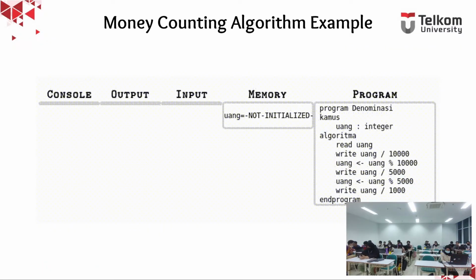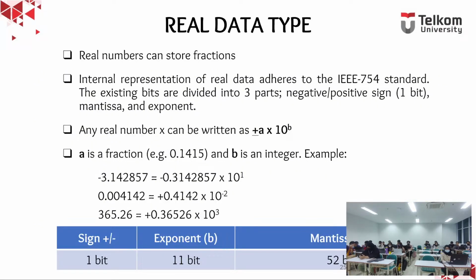Okay, so this is the illustration. Next. Okay, so this is the explanation about the real data type. So you also have to be aware of this data type. In the Go programming language we use the float data type to represent a real. So if you need to do some operation with non-integer numbers, usually we need to define a real data type.